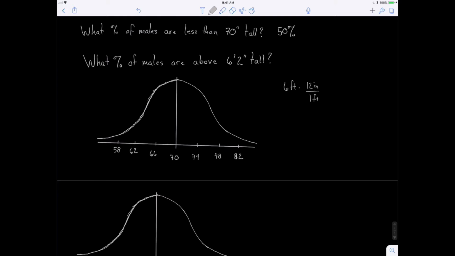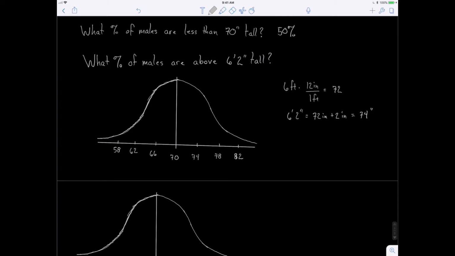So the feet would cancel, and 6 times 12, that's 72. So a person that's 6 feet 2 inches, well, 6 feet is 72 inches, plus the other 2 inches. That's 74. That is 74 inches tall.